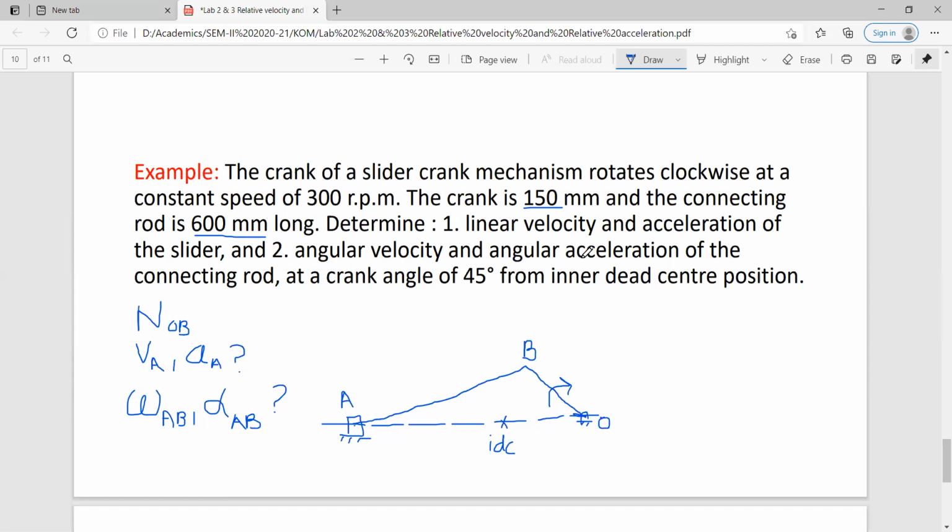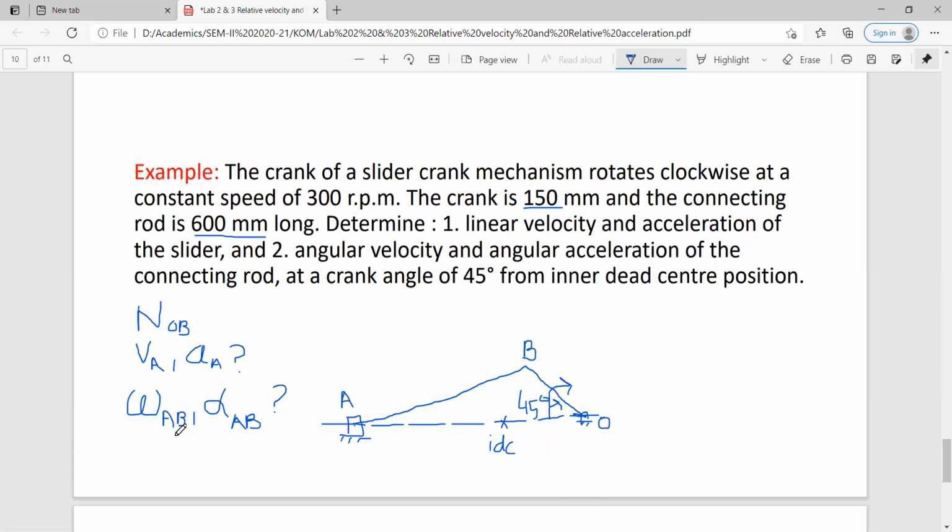It is given that the angle of the crank from the IDC position is 45 degrees. Now you have to solve this problem.